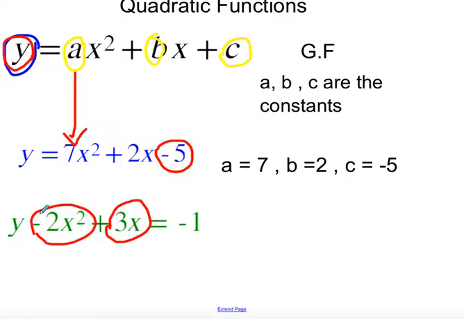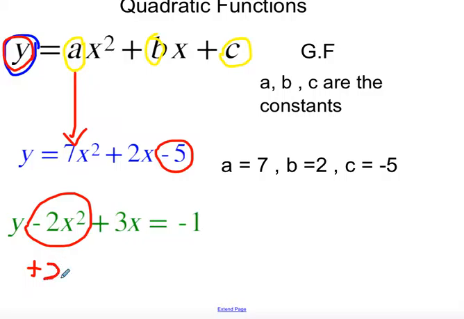How are we going to get rid of them? We're going to do the opposite action of each. Here we have minus 2x squared, so to get rid of it we do the opposite action, which is, very good guess, adding 2x squared to both sides of the equation.